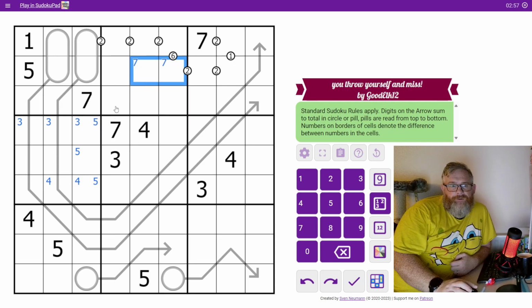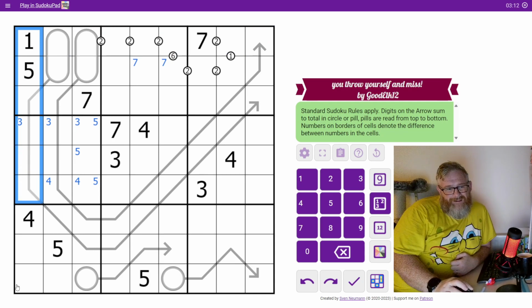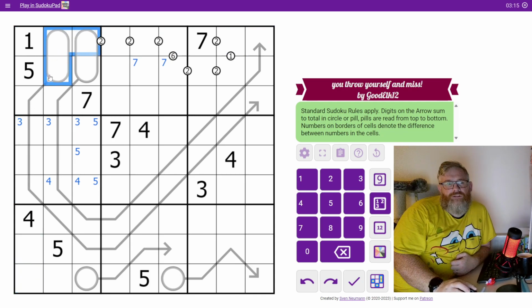Just for the rules' sake, numbers cannot repeat, must be 1 to 9 in the top. 7, 8, 9. Oh, there we are. 1, 2, 3, 4, 5, 6, 7, 8, 9. Could be, couldn't it? And same there, 1 to 9. And in each box it's 1 to 9 as well.